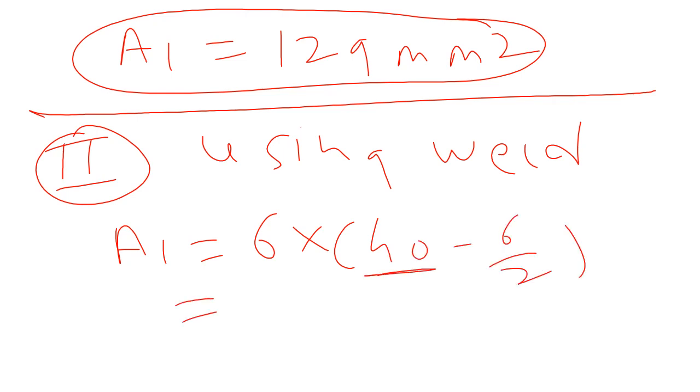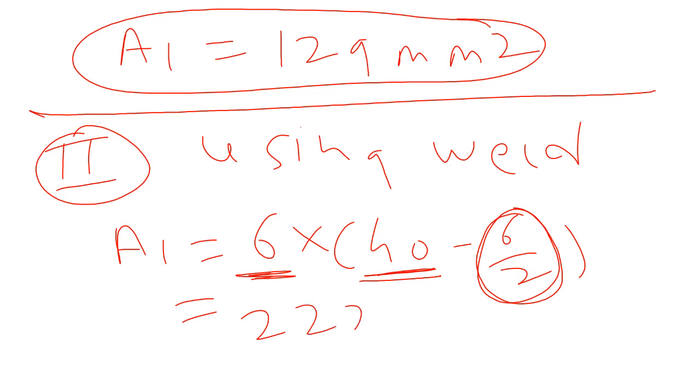Again this is the connected leg length, and this is T by 2, and as there will not be any rivet, we are not going to deduct the cross diameter, and this is again the thickness of that leg. So basically it is thickness, and this is the height or length, whatever you want to call it, and as per the formula or procedure, we are taking minus T by 2. So A1 will become 222 millimeter square, right?